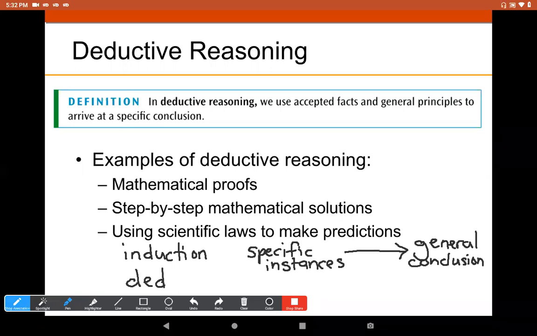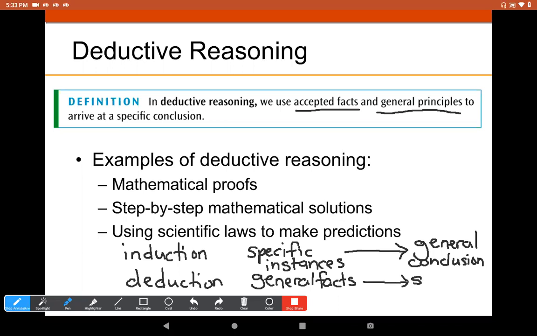Deduction is a general principle or accepted facts, general facts, right? General to the specific.